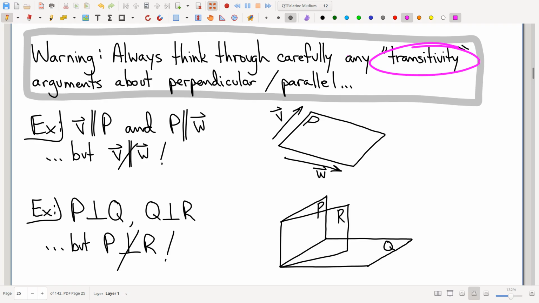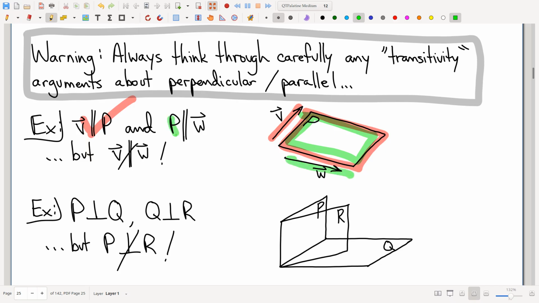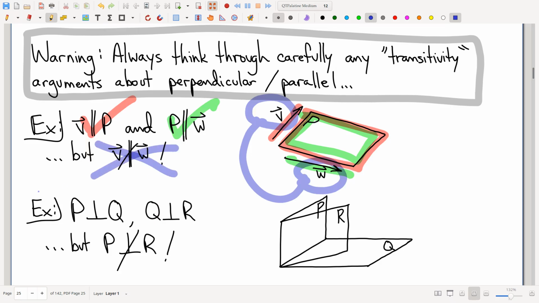And here's what you want to watch out for. Here's some nonsense. This vector is parallel to that plane. The plane is parallel to this vector. Does that mean that this vector and this vector are parallel? Nope. Now, on the page, ignoring geometry, ignoring reality, it kind of feels like, well, this is parallel to that, that's parallel to the other.